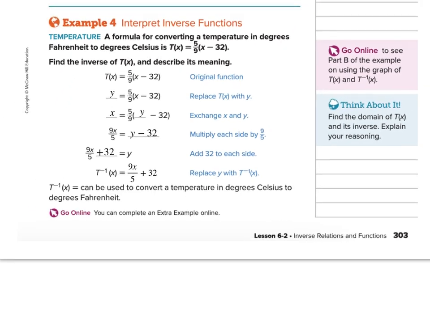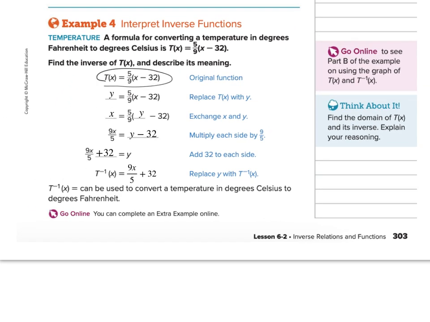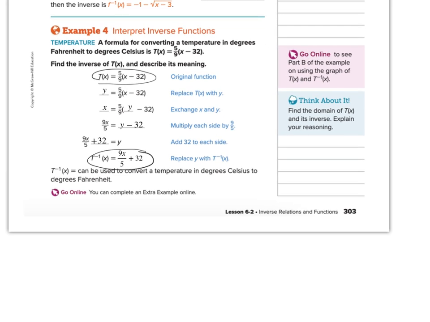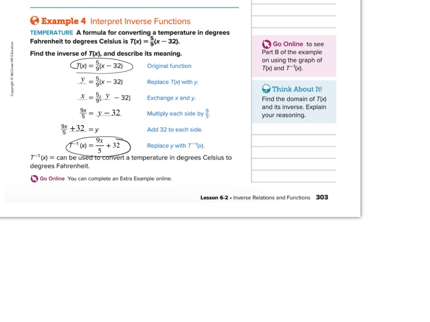And I have developed here, they gave us a function and then they gave us the inverse function. If we take those, I'm going to take 5/9 times (x minus 32), and I'm going to replace x with this entire function.